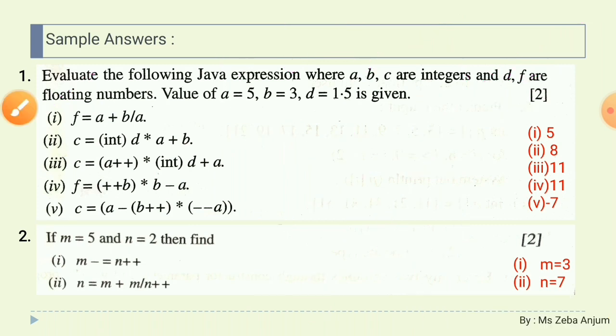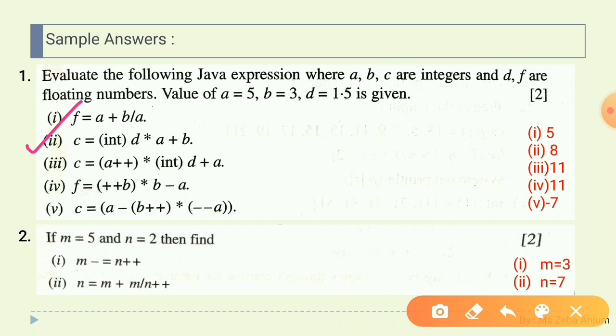Now see the second one, c equals int d into a plus b. Firstly the value of d is 1.5. Now see over here students, we are explicitly typecasting the value of d. So 1.5 will give you 1. It is going to truncate everything on the right hand side.